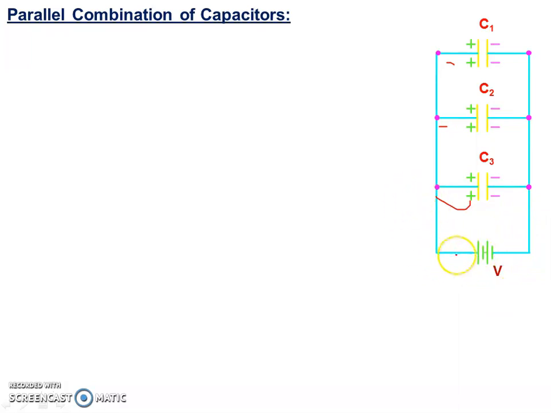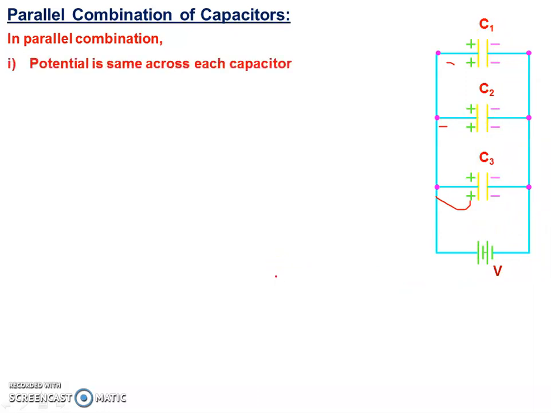It means charge goes from this point and is distributed in three parts, 1, 2 and 3. So the charge along each capacitor will be different, right, but the potential difference will be equal to the potential difference of the supply. So in parallel combination, potential is the same across each capacitor, right.